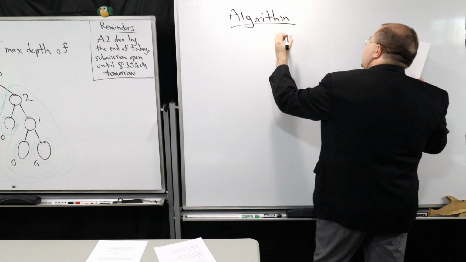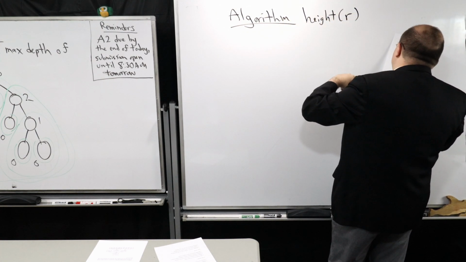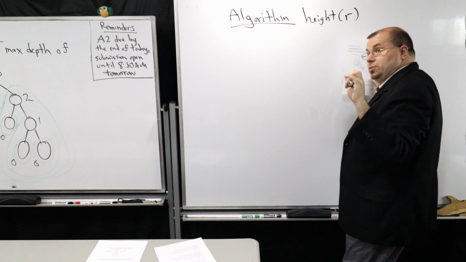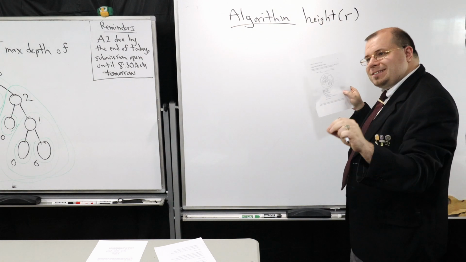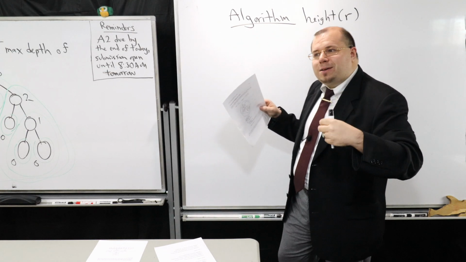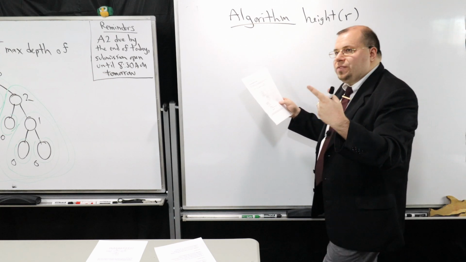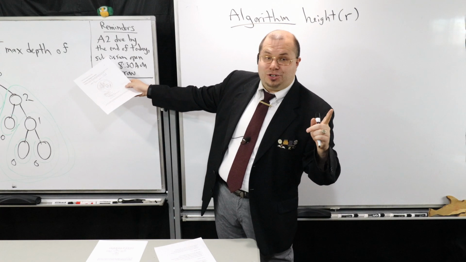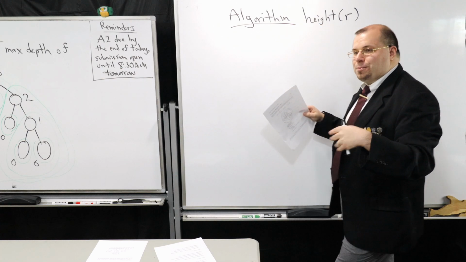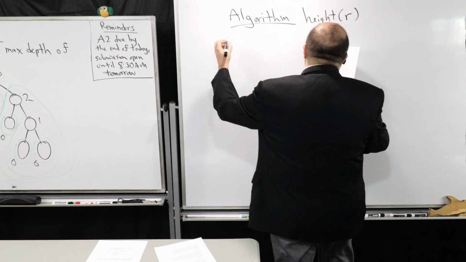We're going to have our algorithm, call it height, with a given supposed root R. I must stress that the way we're going to use this R for the root is as the root of some subtree. So the initial call would actually be on the root attribute of the tree, when you represent the tree and call this on the root initially.